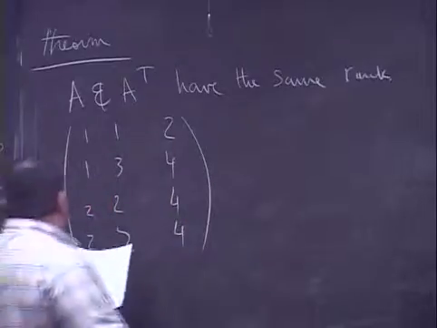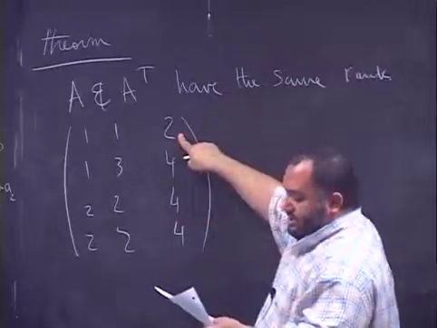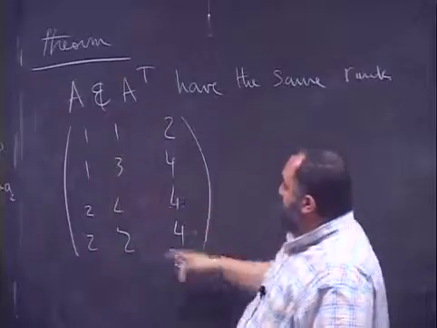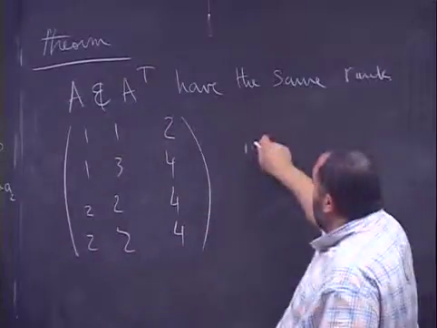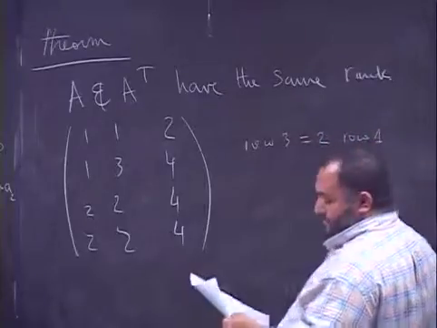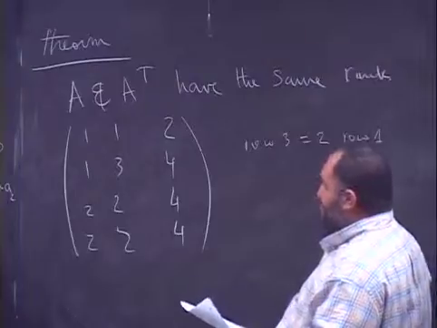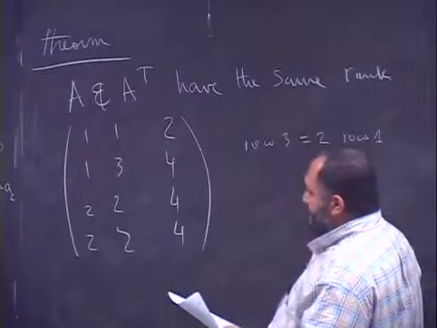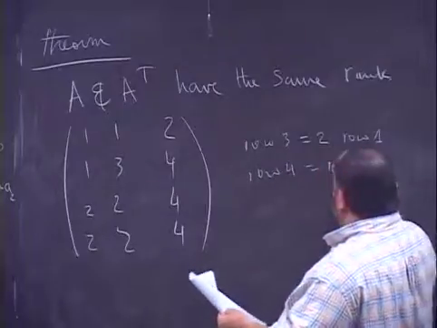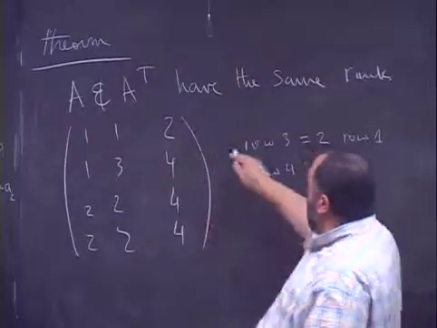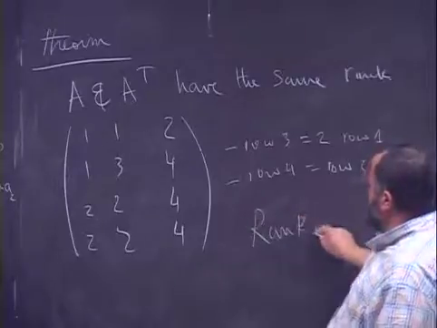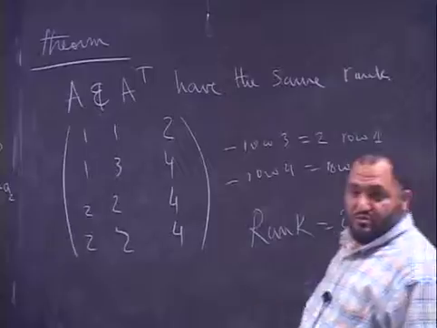Again, row number 3 is just 2 multiplied by row number 1. Yes? And row number 4 is equal to row number 3. So 1, 2, 3, 4. You eliminate 2 rows from this, and you have 4 rows, so the rank is equal to 2. So it's exactly the same.